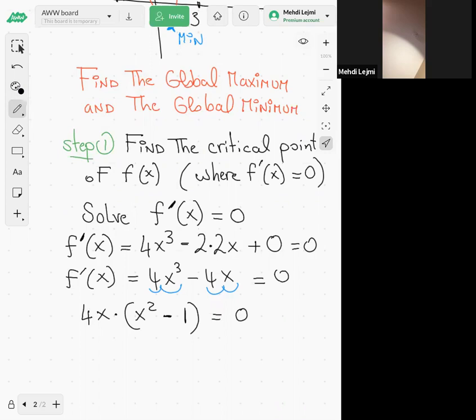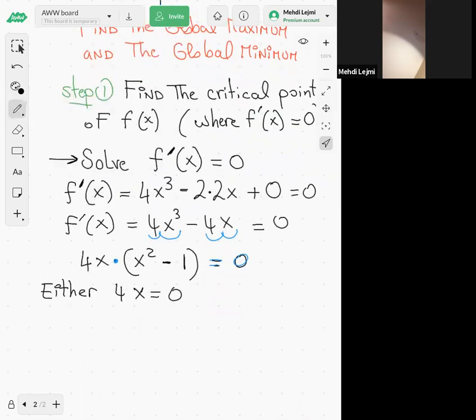Remember, guys, I'm trying to solve f prime of x equal to 0. That's the first step if you want to find your global maximum and global minimum. Since you have a product equal to 0, either one of the factors is 0. So either 4x is 0, or x squared minus 1 is 0.